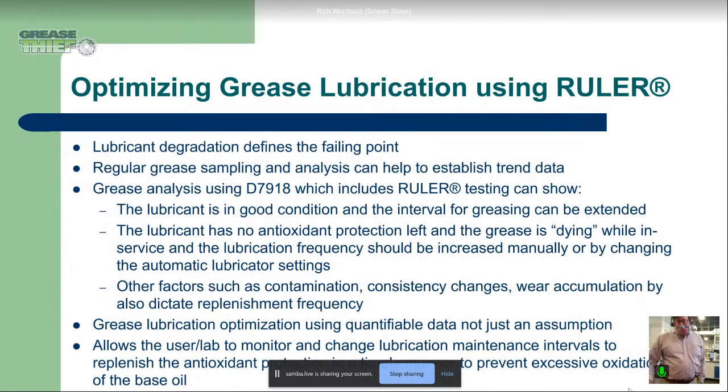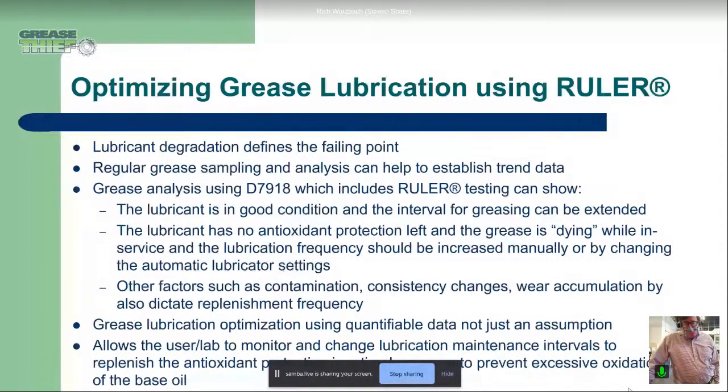Also looking at consistency changes to make sure the grease is holding up. Maybe it's not oxidized yet, but it's gotten very soft and it's going to run out of that bearing, or it's gotten very hard and it's no longer coming in contact and lubricating the surface. So these are all analysis things that we want to perform in addition to the RULER for antioxidants to determine what is that end of time and that end of life.